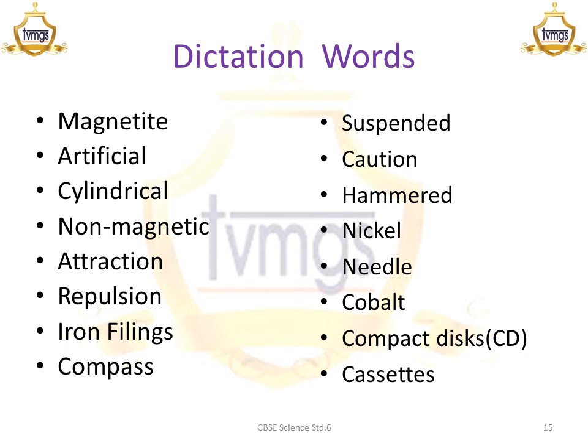I'll repeat: cylindrical. Next, non-magnetic, non-magnetic. I'll repeat: non-magnetic. Non is the French word for no. So basically, non-magnetic is not magnetic.